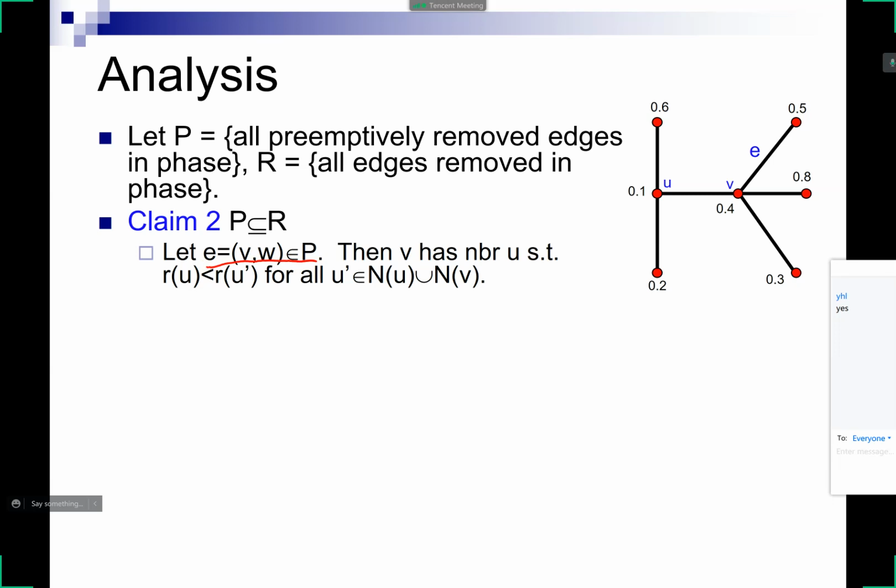Then V has a neighbor U where U's value is less than all of V's neighbors' values and less than all of U's neighbors' values, right? And because U's value is less than all of U's neighbors' values, U is going to enter the MIS.